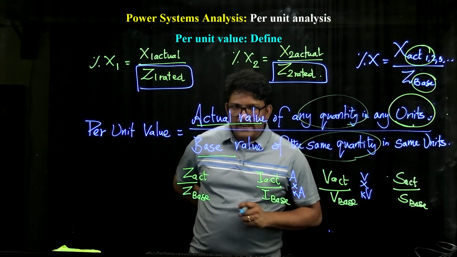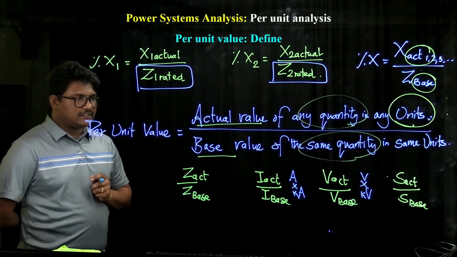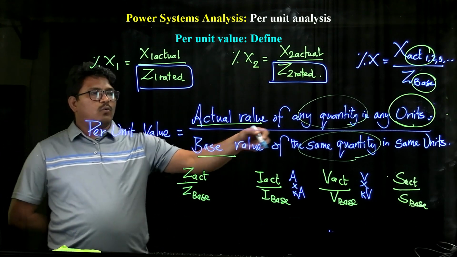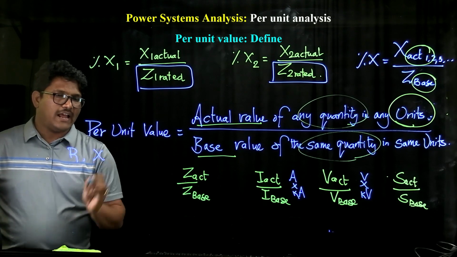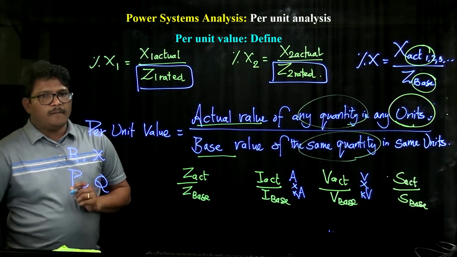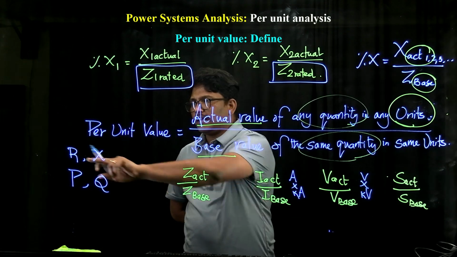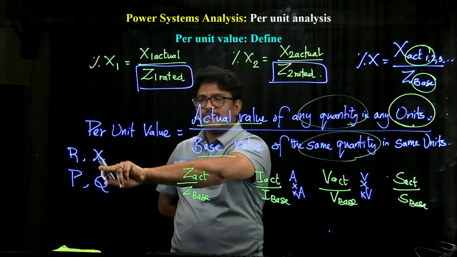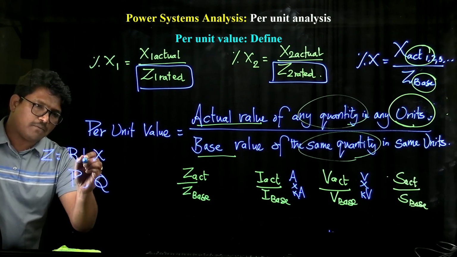And now, another tricky thing that you need to remember in this definition itself is that we gave these four quantities, but we haven't talked about resistance or reactance. We haven't talked about real power or reactive power. The reason why we haven't specified anything about the resistance or reactance is that you have an impedance which is R plus jX.